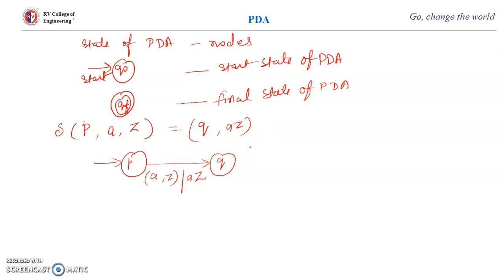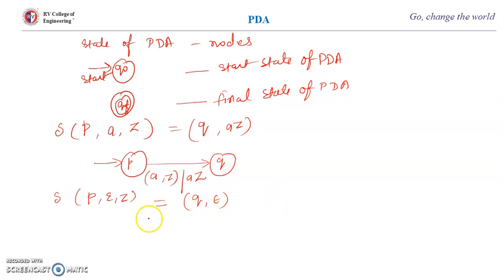Okay, and for example, if I say we have delta P epsilon Z, that means we are not reading any input. Epsilon means no input, Z is the top of the stack, and Q epsilon, that means when we write epsilon here, it represents a pop operation. So here how will we represent it?